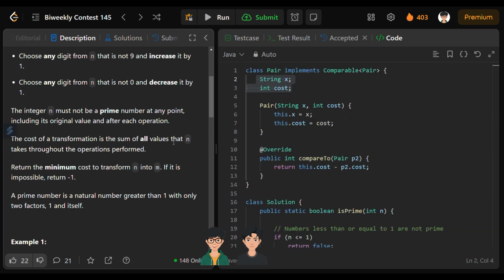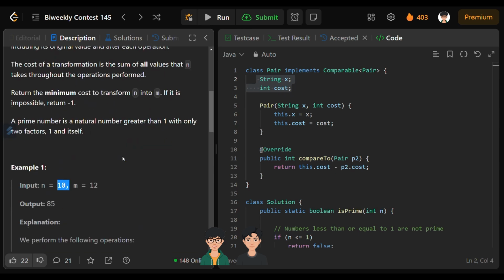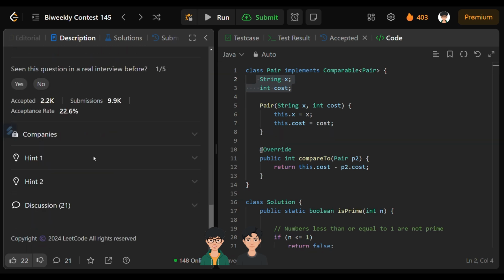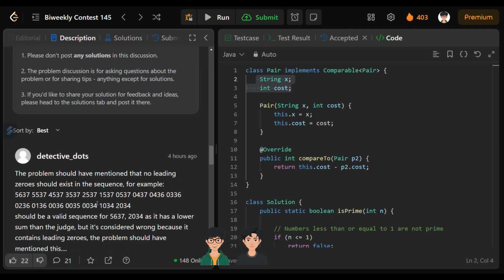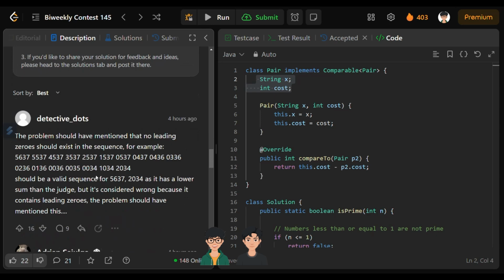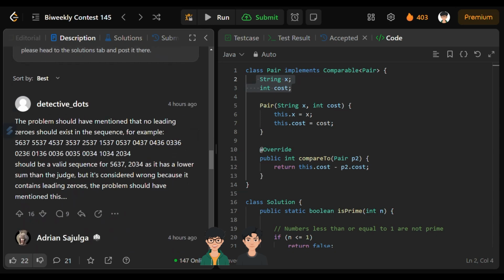The most important and missed thing, I think you should tell him about the question, is the leading zeros. Actually, this question is not properly designed. They have missed one thing to say: see, 0236, there is no need to write 0236, we can just write 236.